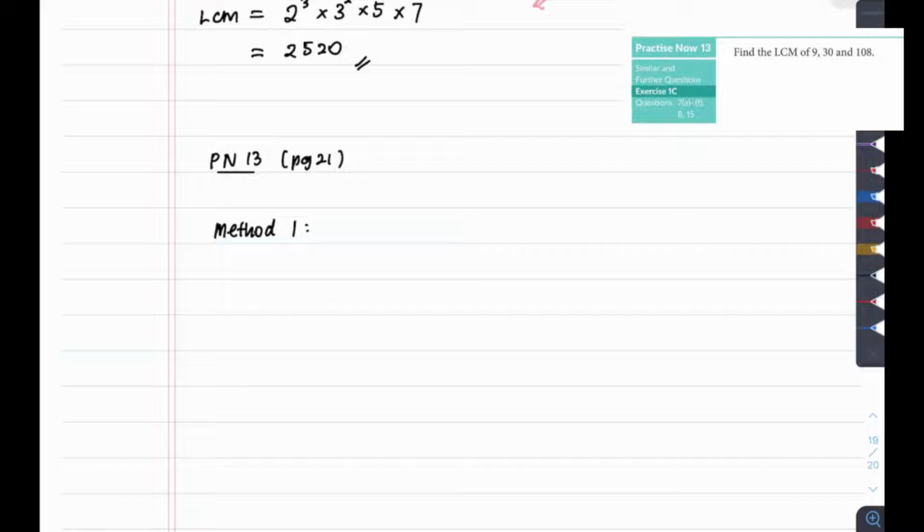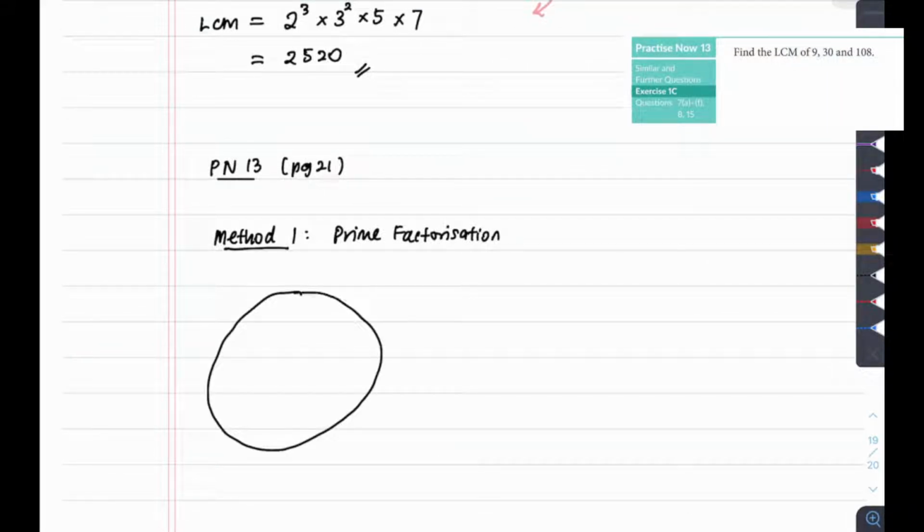So method 1, we'll be doing our prime factorization. Method 2, we'll be using the ladder. Okay, as usual. Alright, so for prime factorization, to save time, you can do the ladder on your own on this side. But to save time, I'm just going to give you the prime factorization over here.